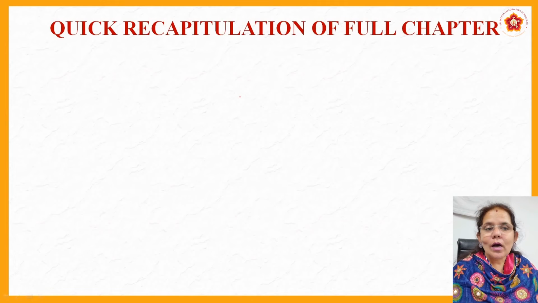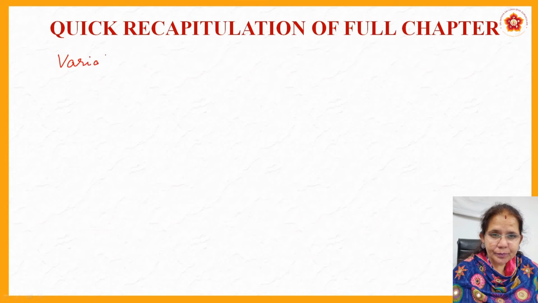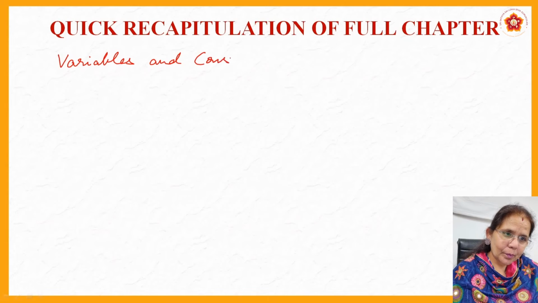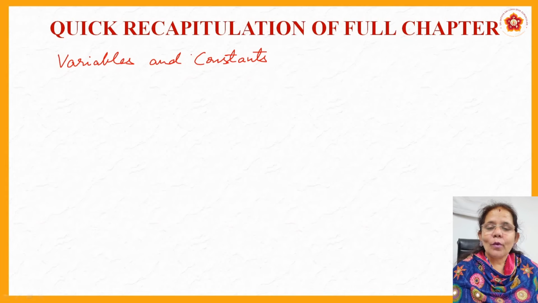Now let us do a quick recapitulation of what we did in this chapter. If you remember, in this particular chapter, we had talked about variables and constants. I showed you one GIF where a train was moving and you had to identify what are the things that are moving and what are the things that are stationary.